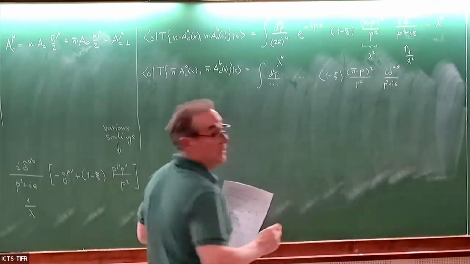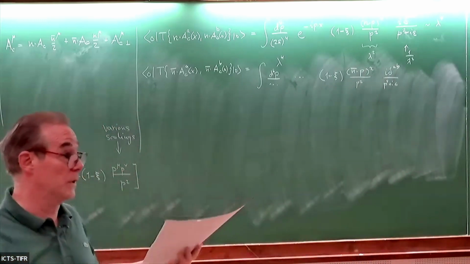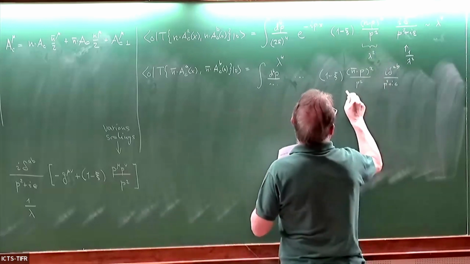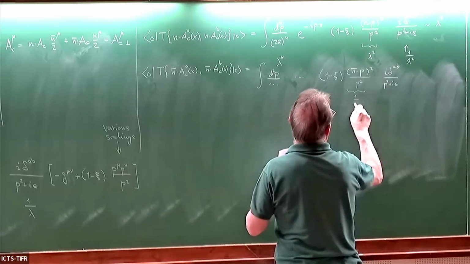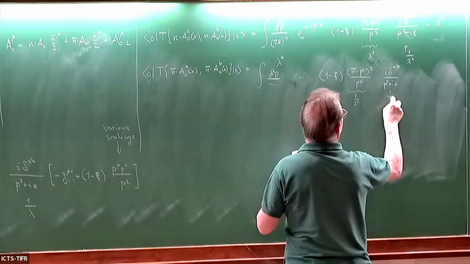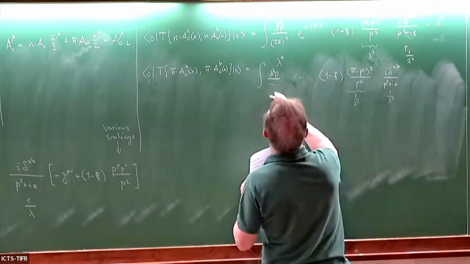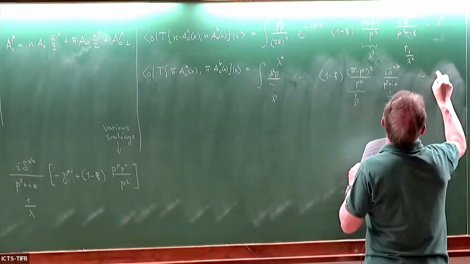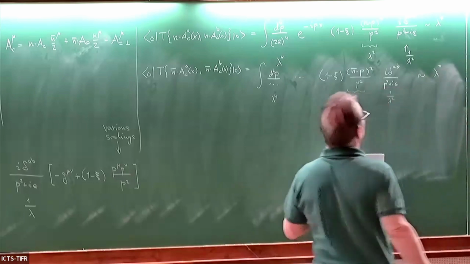And n bar dot p is the big component. That's the order 1 component. So you see, instead of being lambda squared in this case, this is now 1 over lambda squared. And then we have 1 over lambda squared from here, lambda to the 4 from here. So we find that this is actually unsuppressed, 0th order in lambda.